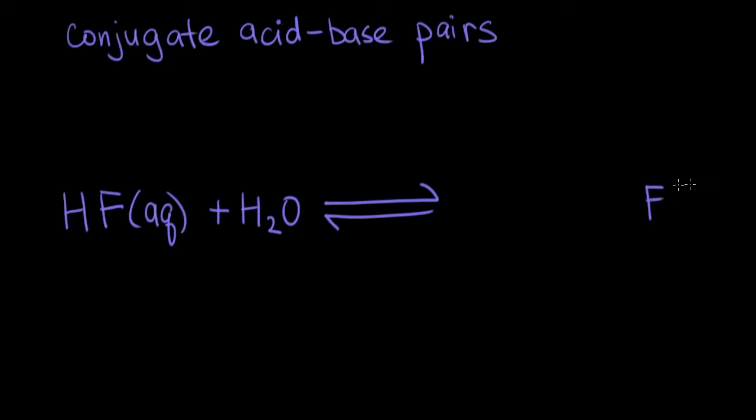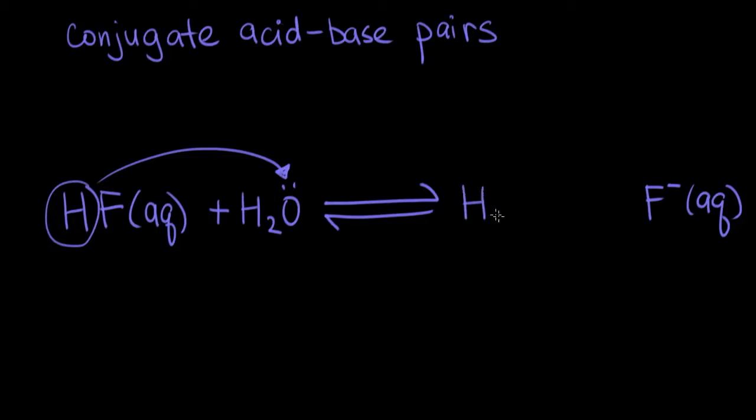So some of the HF will dissociate, and you'll get fluoride minus ions, and then that dissociated H plus ion. This dissociated H plus ion will get donated to our water. So water then becomes H3O plus, or hydronium.